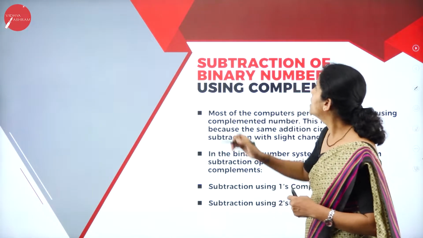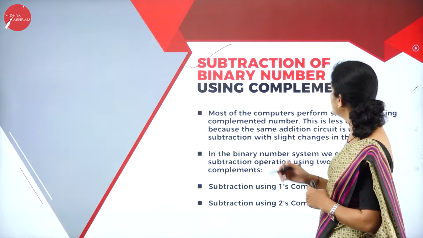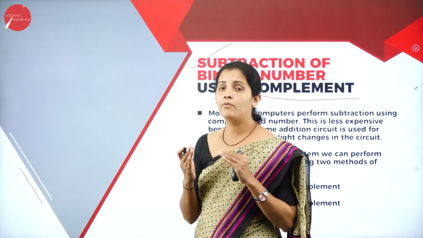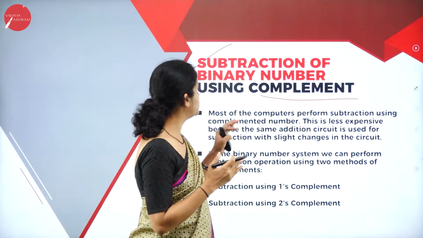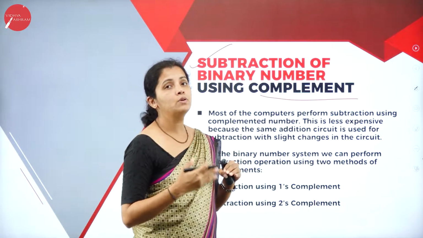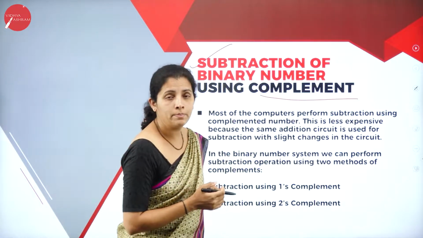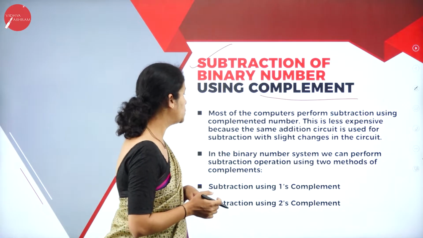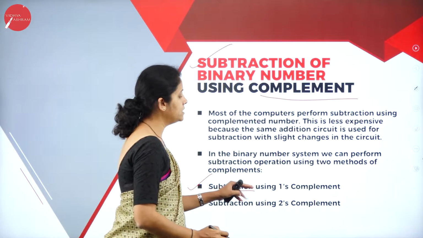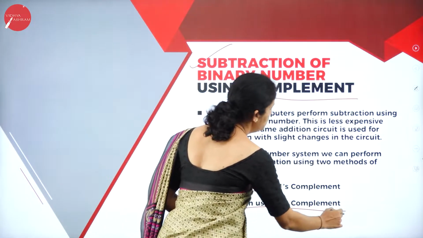Moving further, I'm having subtraction of binary numbers using complement. So I can perform the binary subtraction using complements. That is, I can perform binary subtraction using 1's complement method as well as 2's complement method.